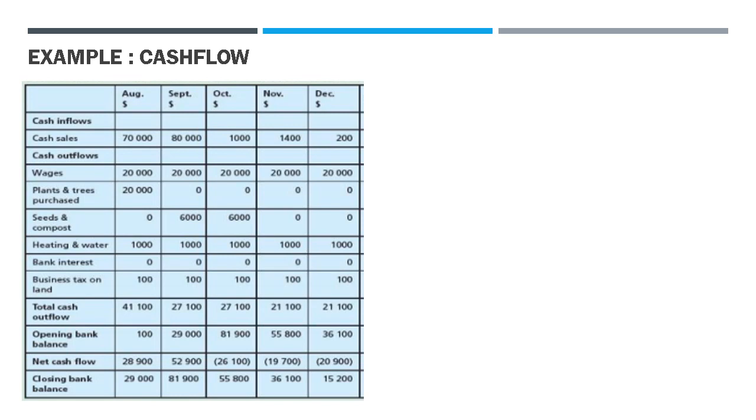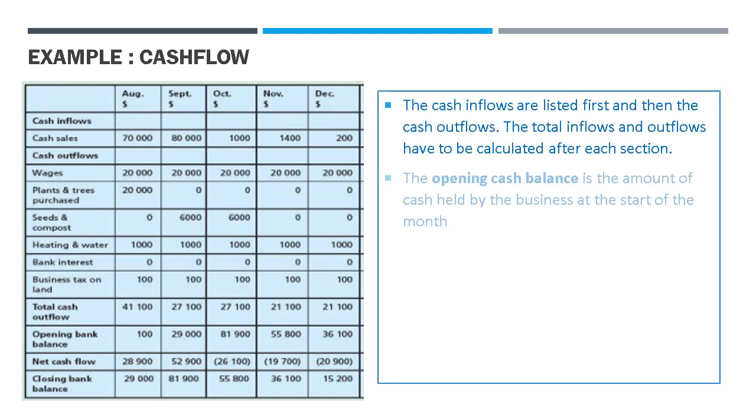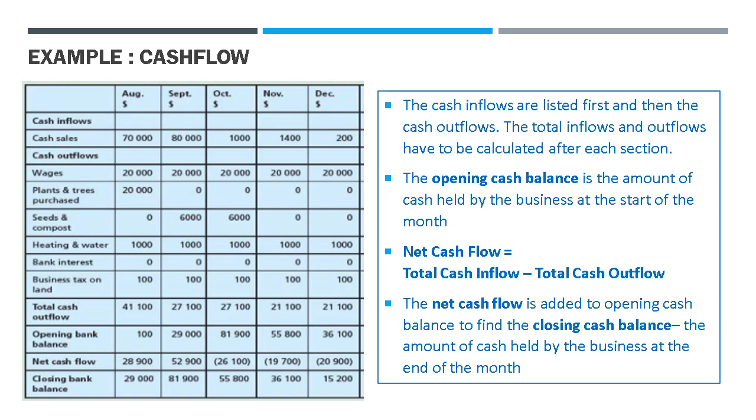Cash flow statements. Let's see how we do the cash flow statements with an example. Here is an example of a company wherein the cash flow statements are done for each month: August, September, October, and so on. The cash inflow, as you know, is the income to the business in the form of its sales revenue.